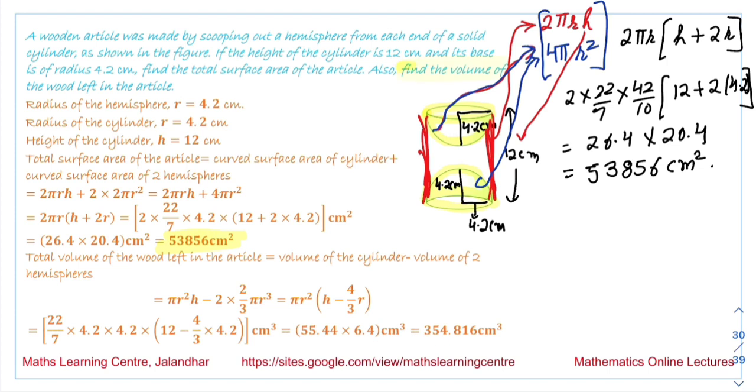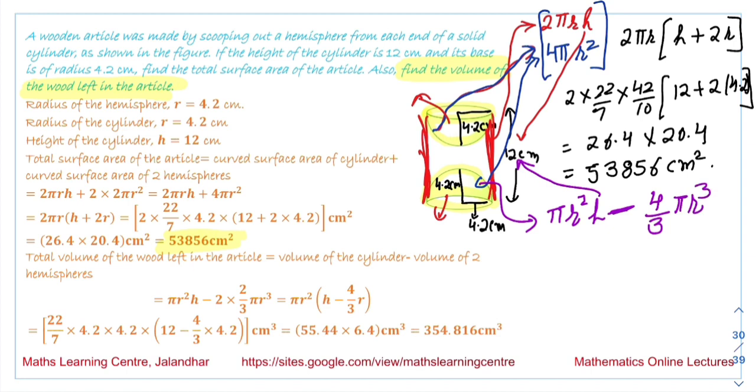The second thing we have to calculate is the volume of the wood left in the article. We have taken out these two portions. So the volume of this cylinder is pi r square h. H is 12, and we have taken out two hemispheres. Two hemispheres means we have taken out a sphere. So the volume of this sphere will be 4 by 3 pi r cube.